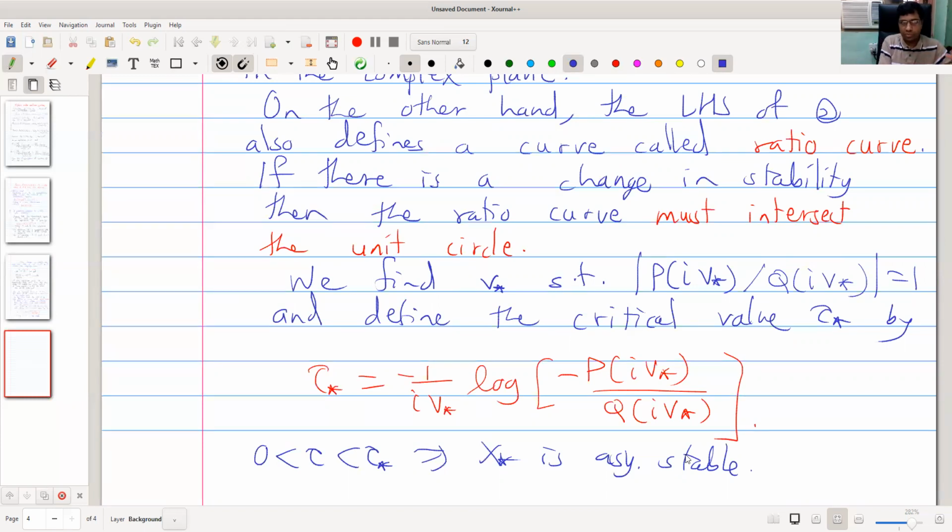So we cannot say that the system is unstable for all tau greater than tau star. We can have an unstable system for a certain range, and after that the system becomes stable again.